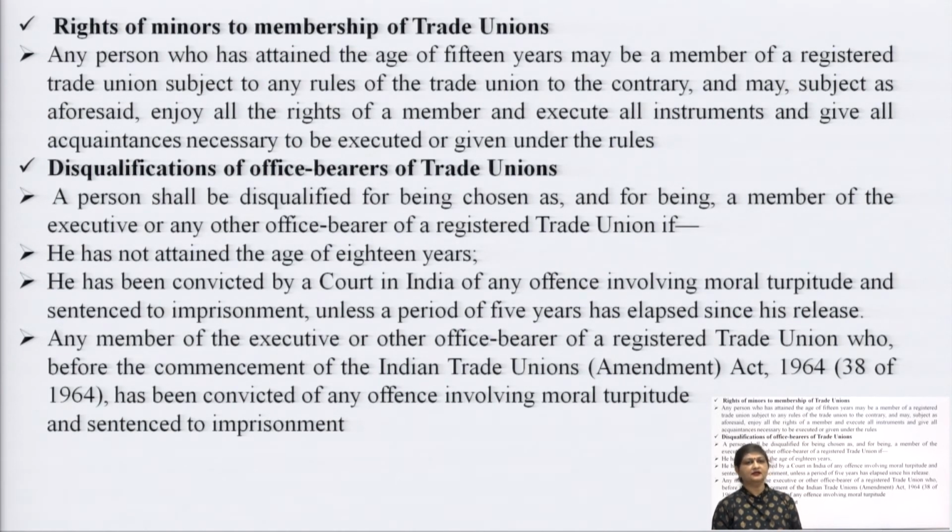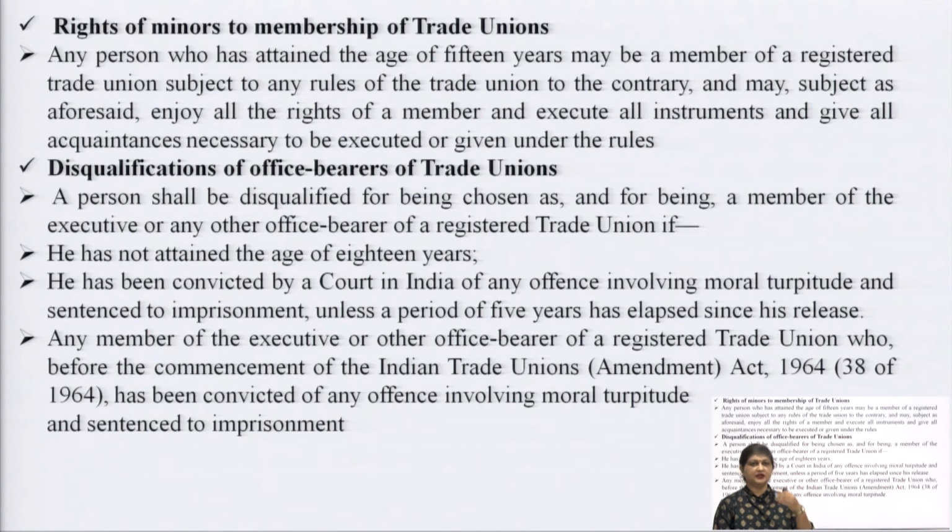There are certain cases where the office bearers of trade unions can be disqualified on various bases. A person shall be disqualified from being chosen as, and from being, a member of the executive or any other office bearer of a registered trade union if he has not attained the age of 18 years.